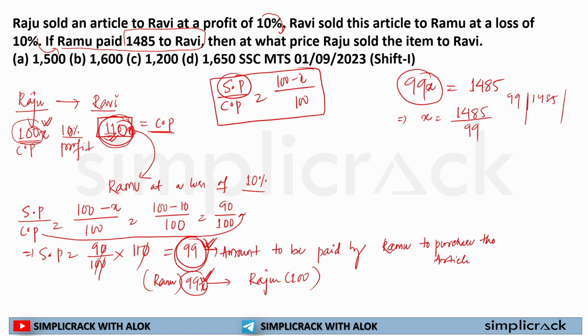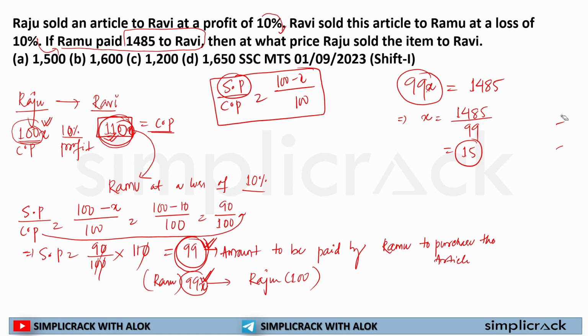Sir, 99 is close to 100. If I multiply by 2, it will be around 200, so I can't multiply by 2, I will multiply by 1. 99 multiplied by 1 is 99. And if I multiply 5 with 99, I will get 495. So the remainder will be 0. So here x is equal to 15.